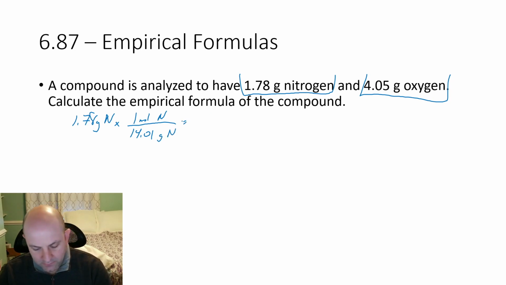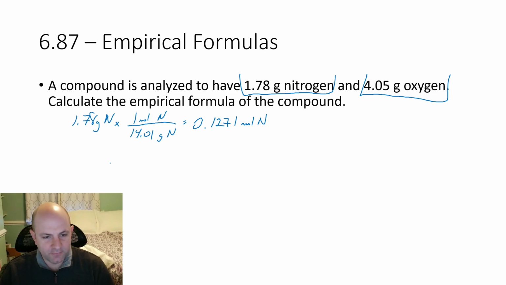And so we'll just do that division real quick. 1.78 divided by 14.01, and we get 0.1271 moles. I'm not going to care about sig figs. It'll round out itself. It'll be fine. And then we'll do the same thing to oxygen.